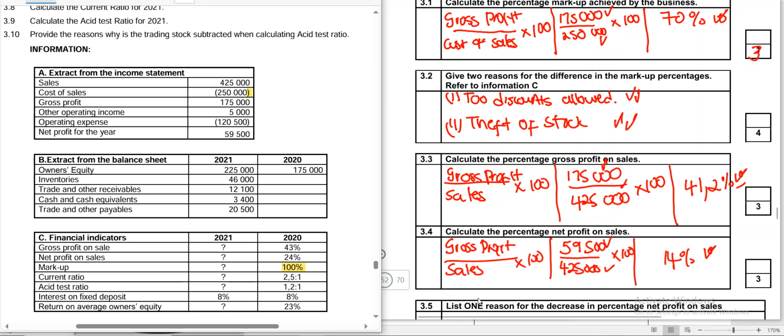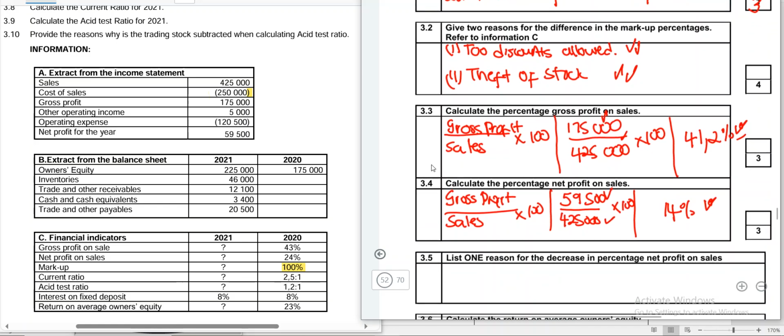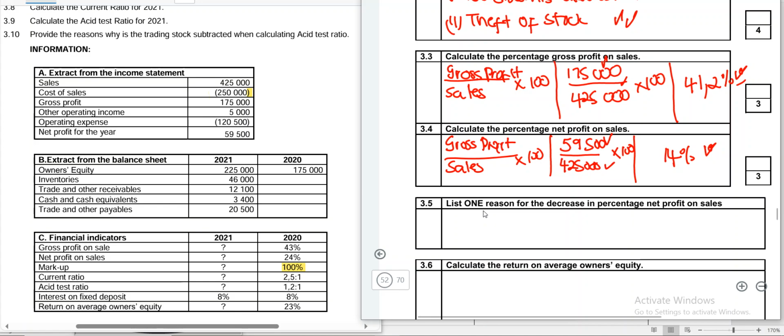So maybe the reason why this declined is that it will be poor control over operating expenses. Obviously, if our operating expenses become very much, our net profit will go down.